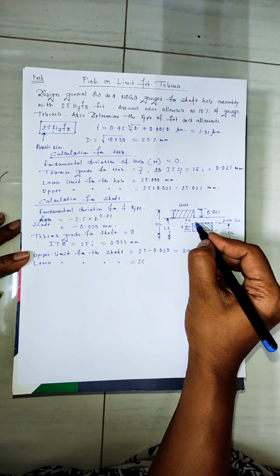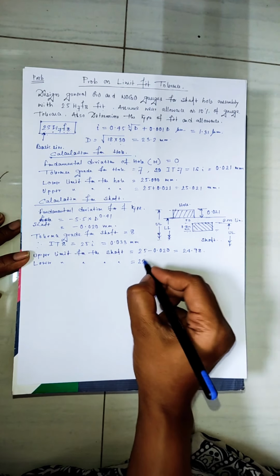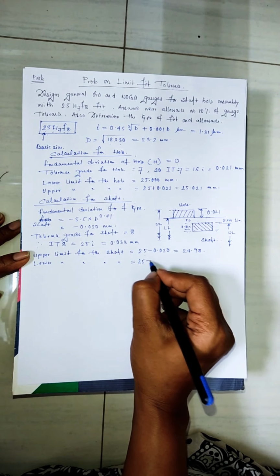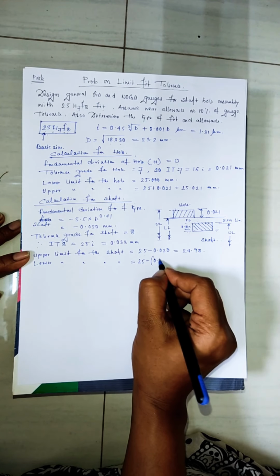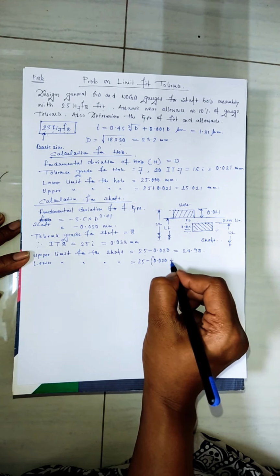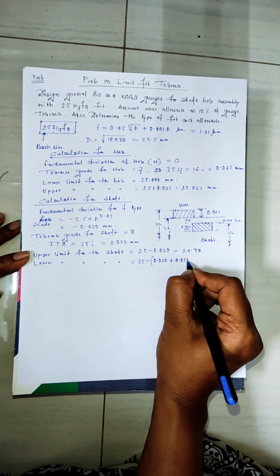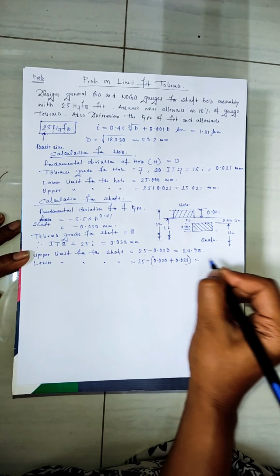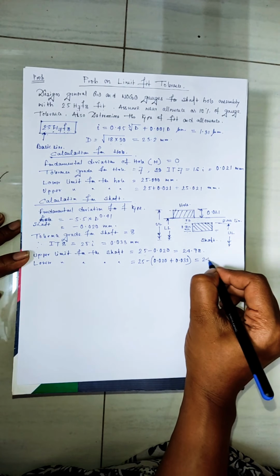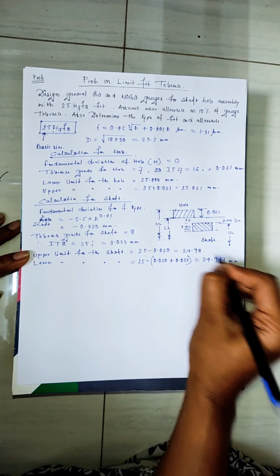The lower limit for the shaft is equal to 25 minus this fundamental value, minus this tolerance zone. So 25 minus 0.020 minus 0.033. From that, 24.947 millimeter.